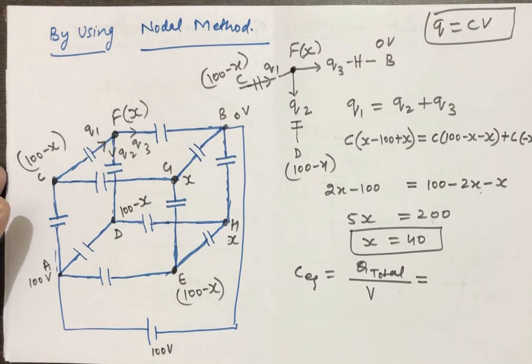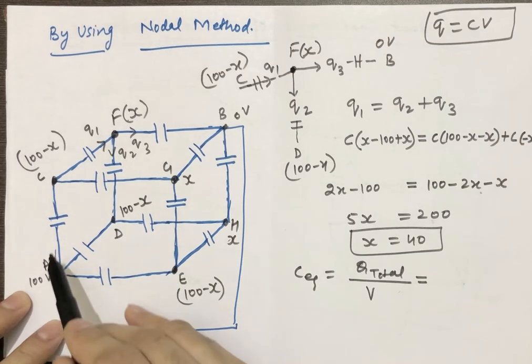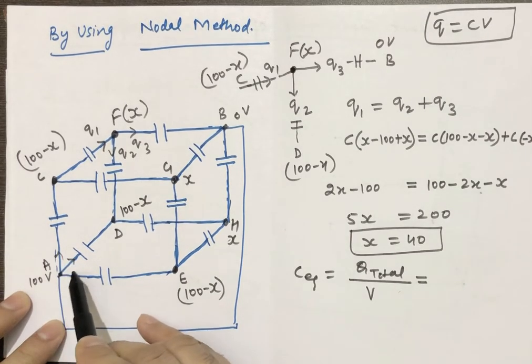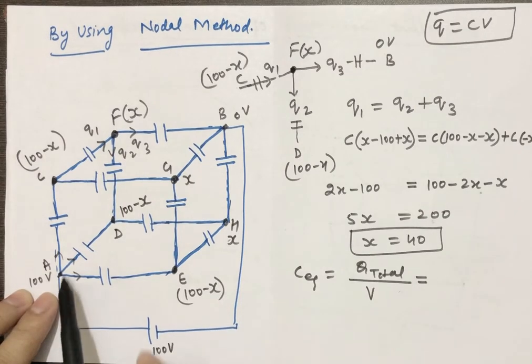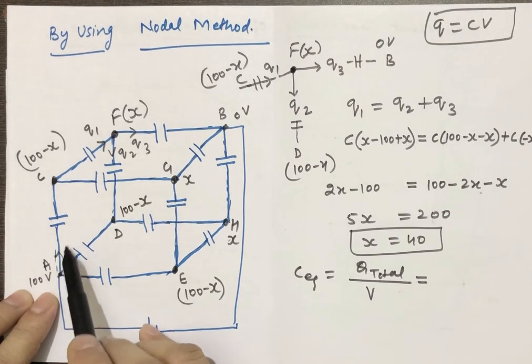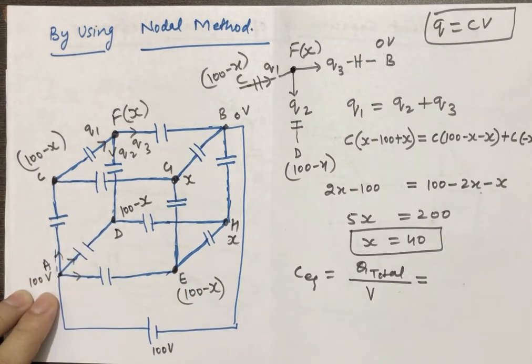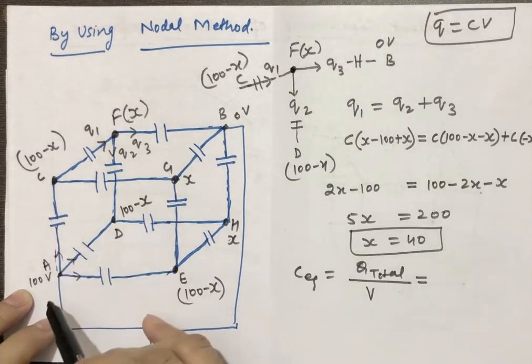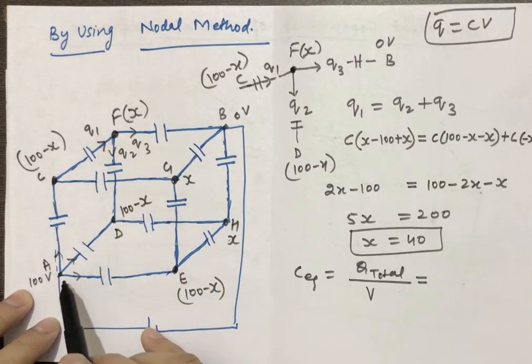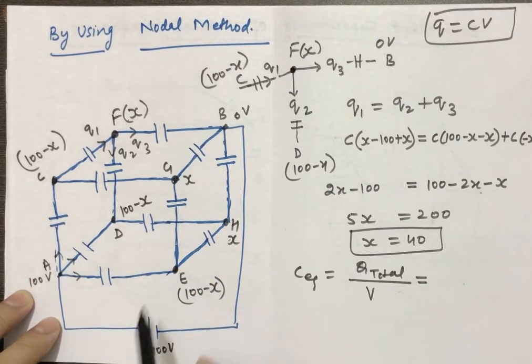Let me tell you about the total charge. From A point you will find 3 branches. Due to symmetry, if these 3 points C, D, E have the same potential, and F, G, H have the same potential, it means charge is equally distributed among AC, AD and AE.